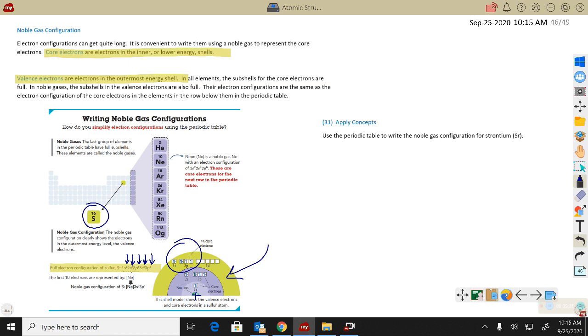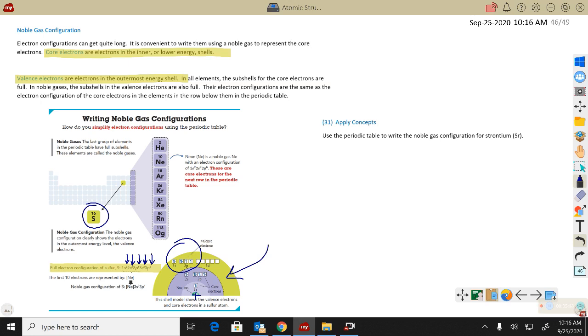What's interesting about the noble gases is that they have all of their orbitals full. Any orbital that's occupied by electrons in a noble gas is a full orbital. All of their s's have 2, their p's have 6, their d's have 10, which is one of the reasons why the noble gases are known to be pretty stable and non-reactive.